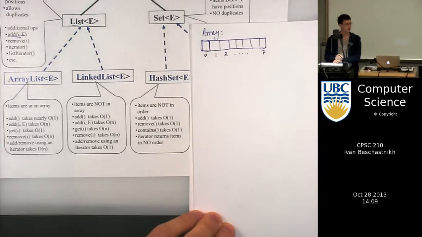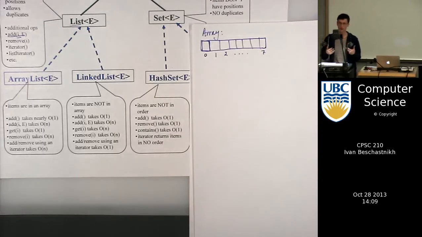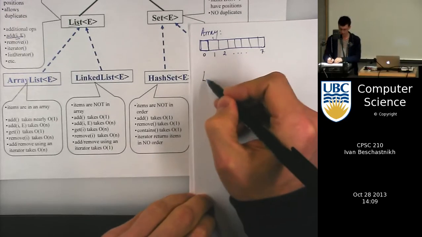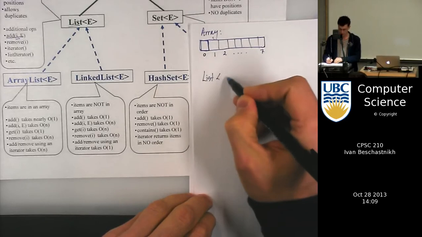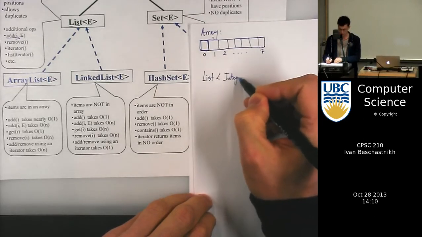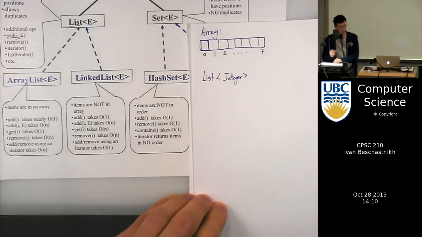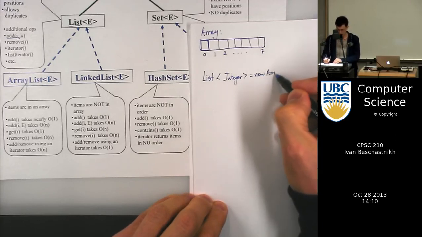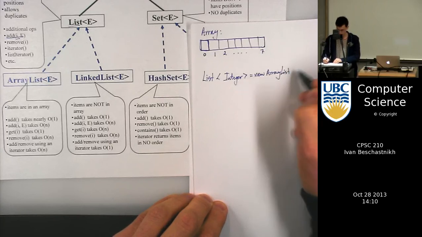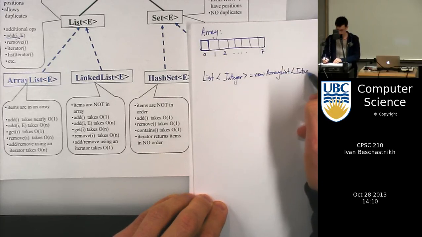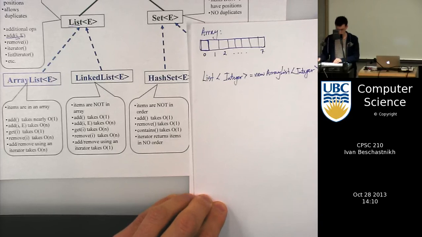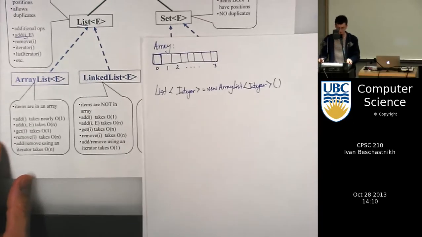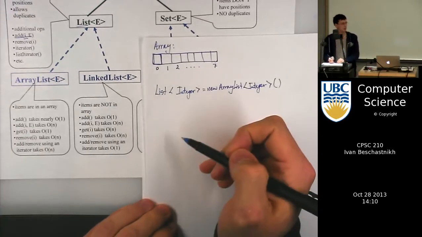Okay? So each of these items here is a cell. And since we have a strongly typed language, we know exactly what will go into one of these cells. So if I have a List<Integer>, and my list equals new ArrayList<Integer>, then I know that this array actually contains numbers.